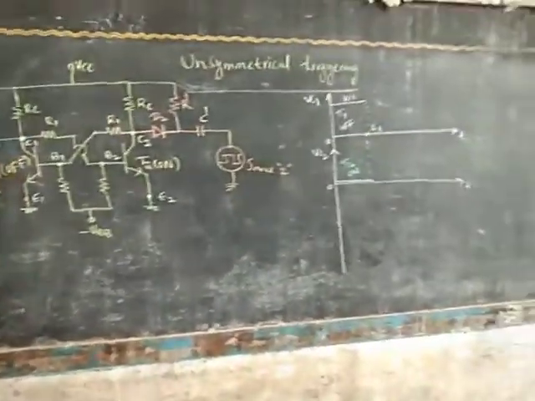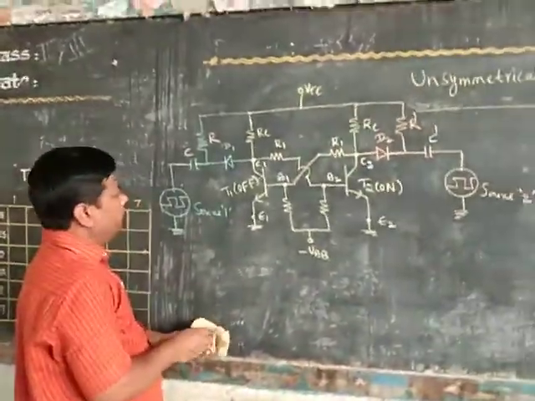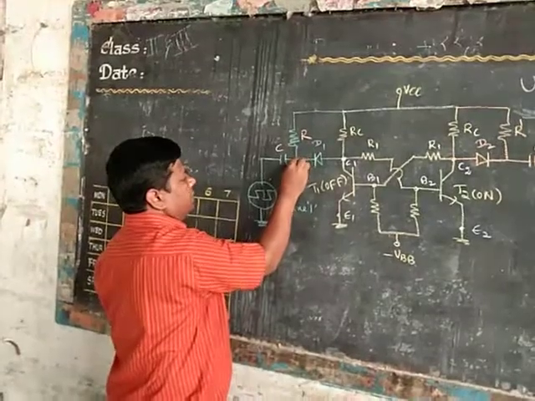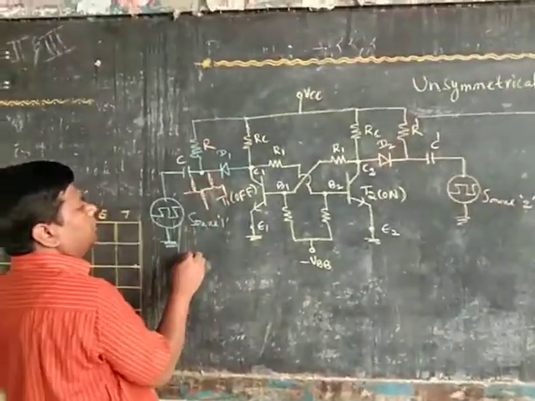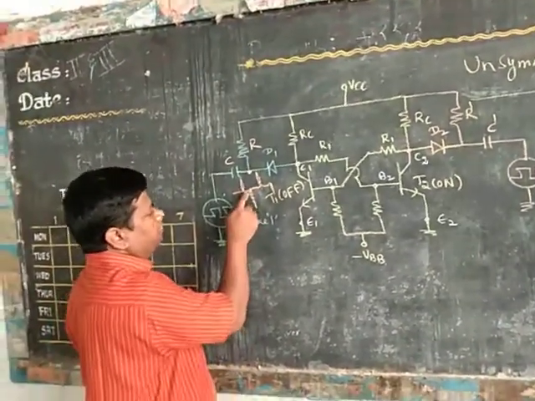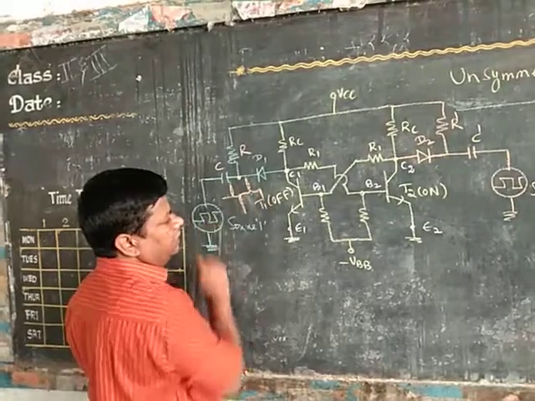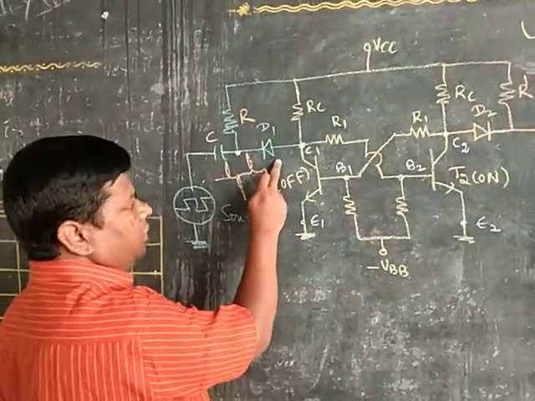Now this triggering source 1 and these two form an RC high pass circuit. The voltage level at this node spikes. For negative spikes, diode D1 conducts.